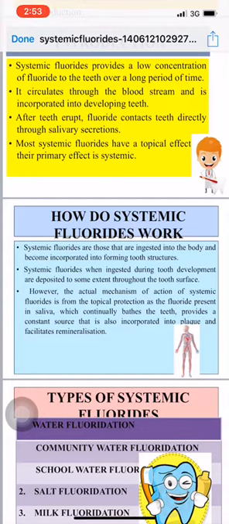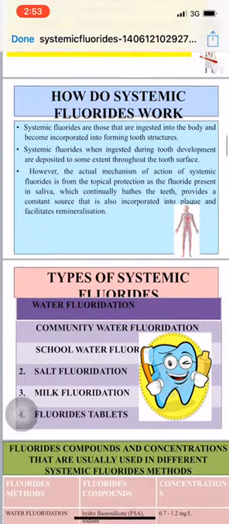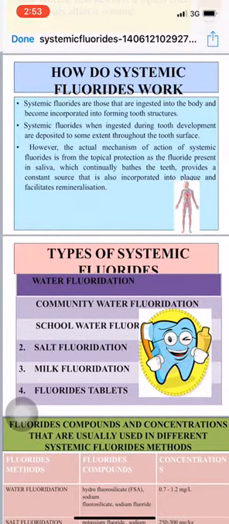How does systemic fluoride work? Now we talk about how systemic fluoride works. Systemic fluorides are those that are ingested into the body and become incorporated into forming tooth structure. Systemic fluorides, when ingested during tooth development, are deposited to some extent through the tooth surface.